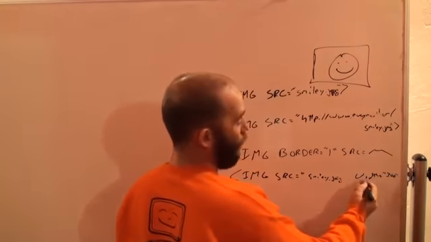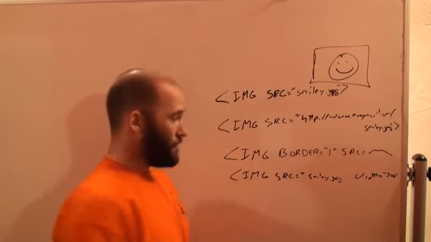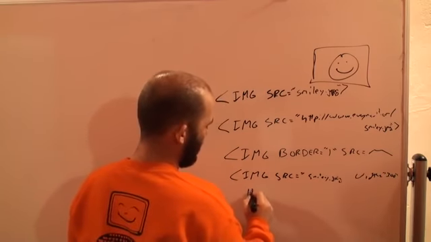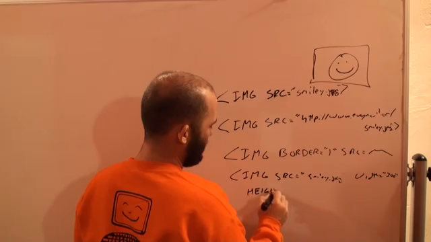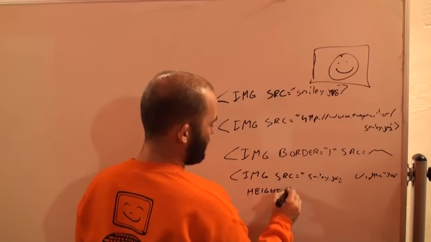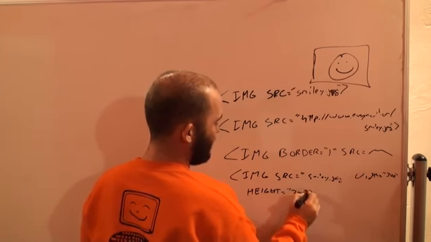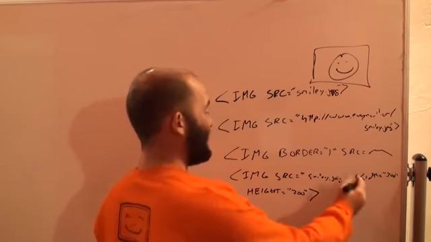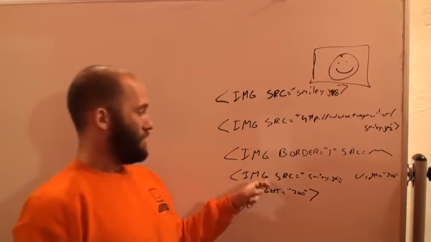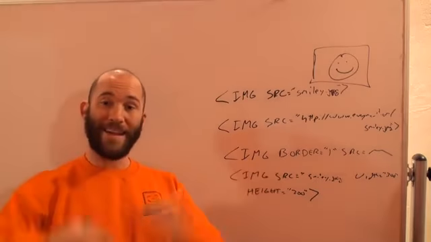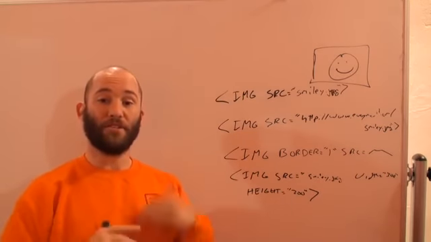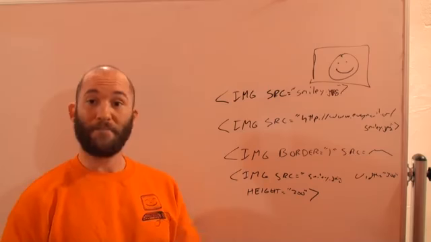And so it will now make the width of the picture 300, and then do space and do height equals, I don't know, 200. And then close. So you can tell the HTML how wide and how tall you want that picture to show up on your web page.